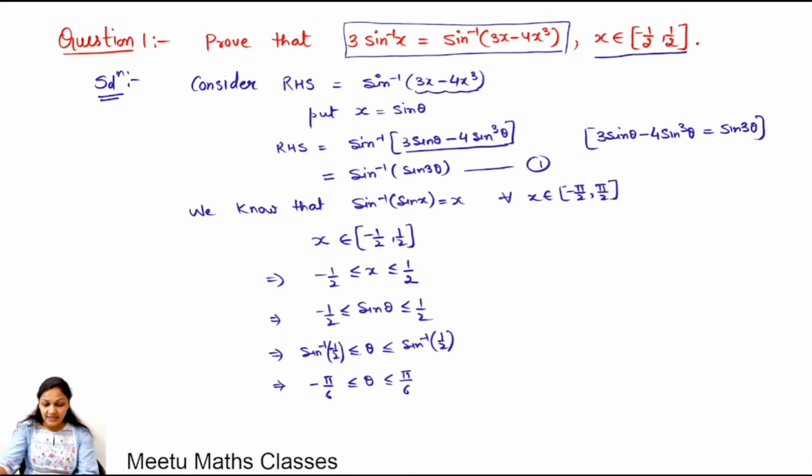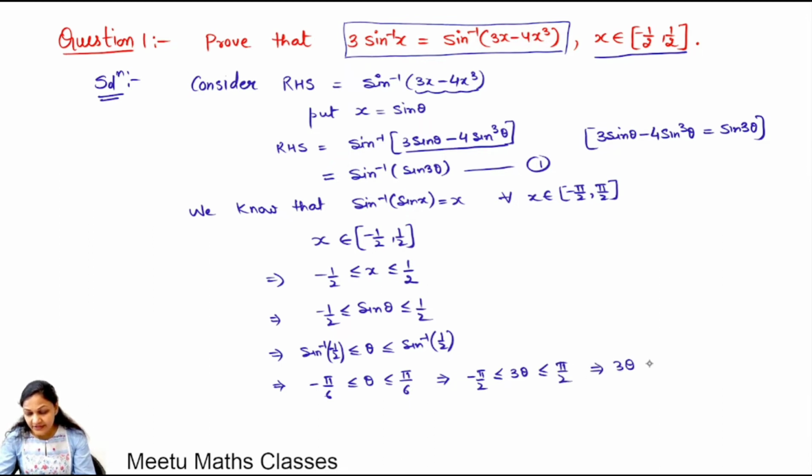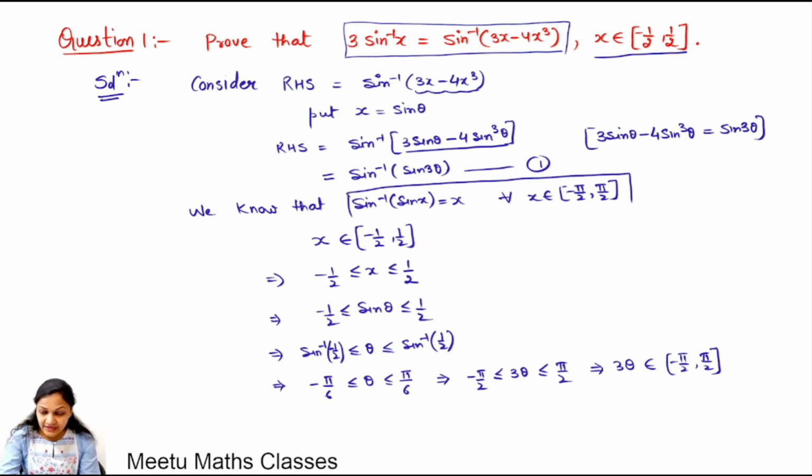If theta is lying between minus pi by 6 to pi by 6, then if you multiply by 3, 3 theta will lie between minus pi by 2 to pi by 2. That implies that 3 theta belongs to the closed interval minus pi by 2 to pi by 2. And we know that sine inverse of sine x is equal to x if x is lying between minus pi by 2 to pi by 2.